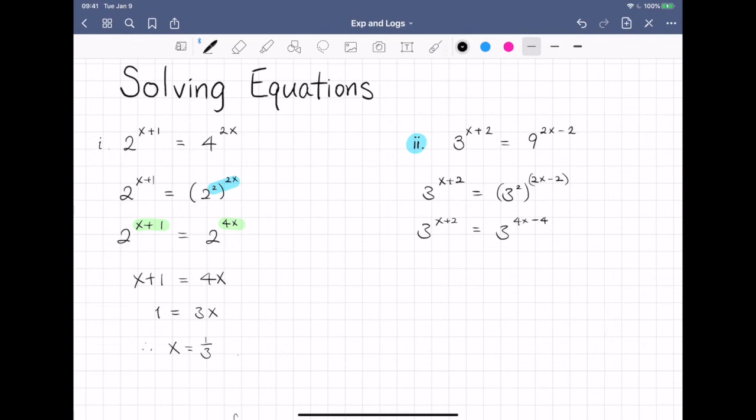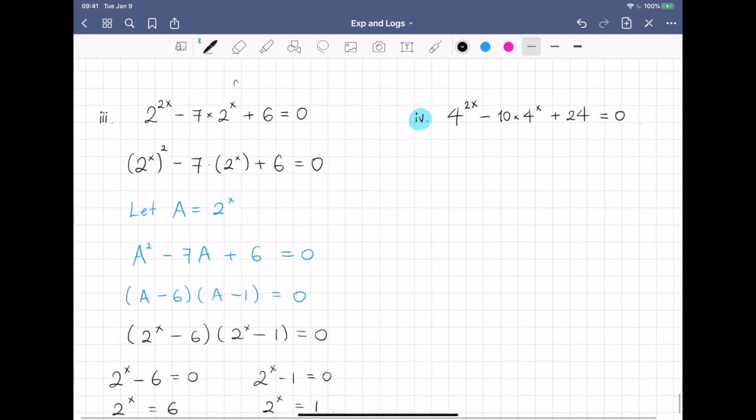Did you mess it up there? Did you not distribute? Did you write it as 4x minus 2? Then you got a very strange answer, right? So here I can say that x plus 2 is equal to 4x minus 4. And then add 4 to both sides and subtract x from both sides. And therefore x is 2.